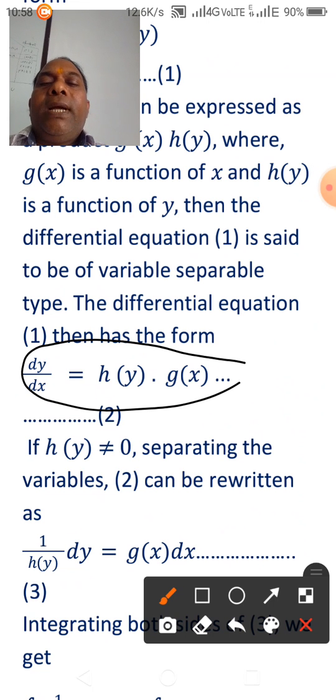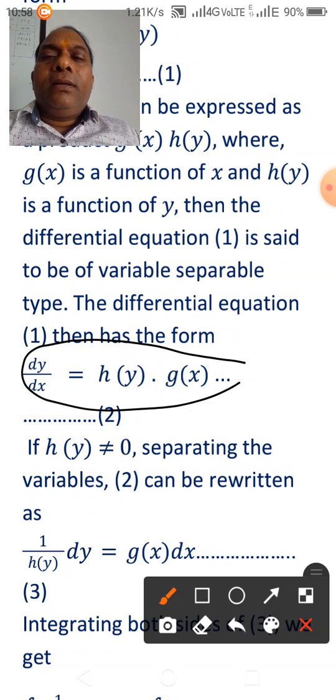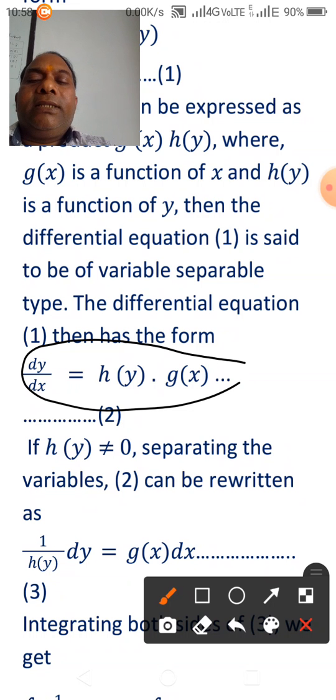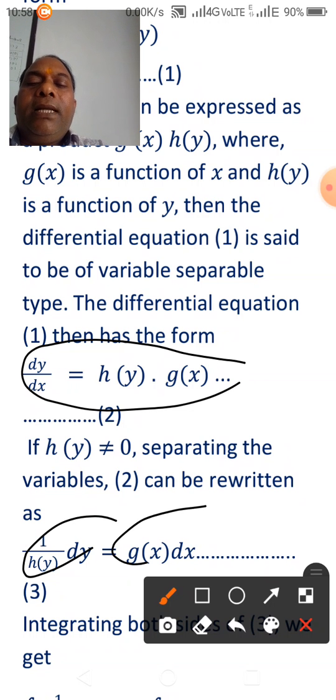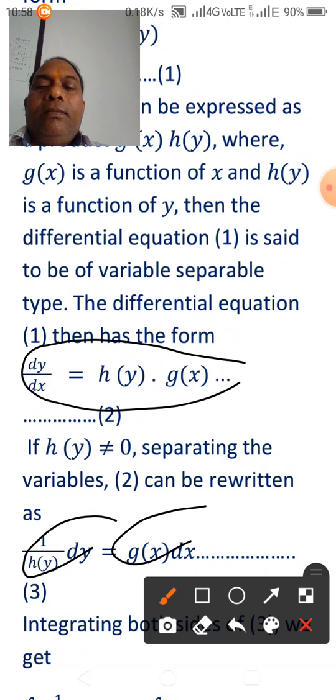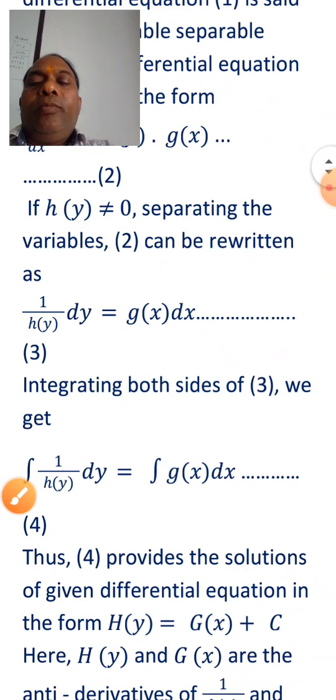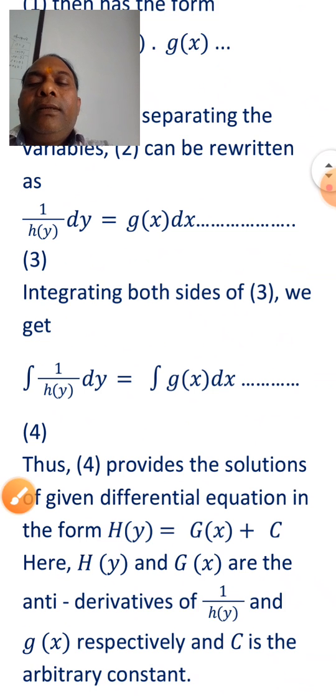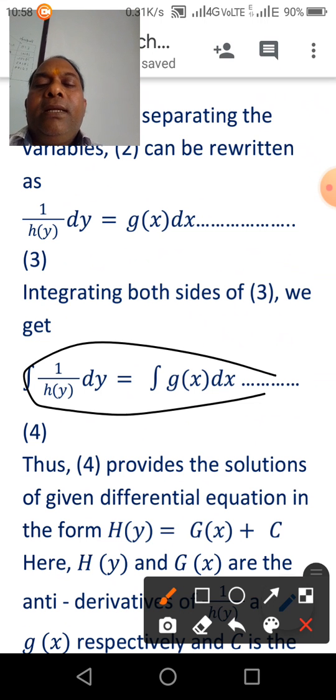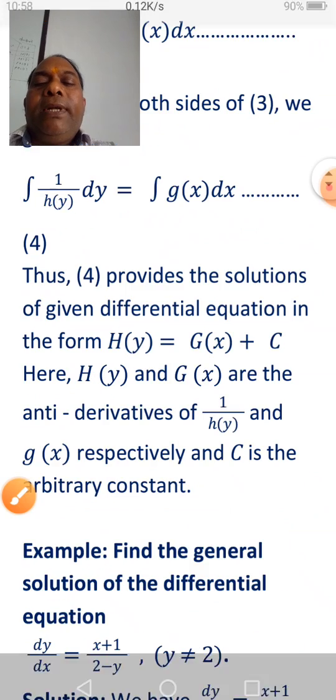Now you have to collect the function of y with dy and the function of x with dx. Clear? This means we are separating the variables, so you can write it. Now integrating on both sides, then you can find the solution of the given differential equation.